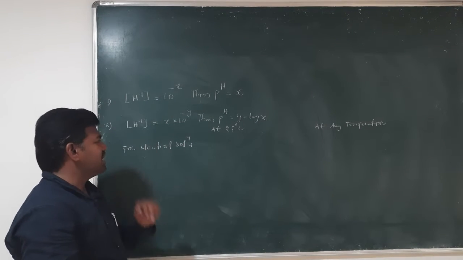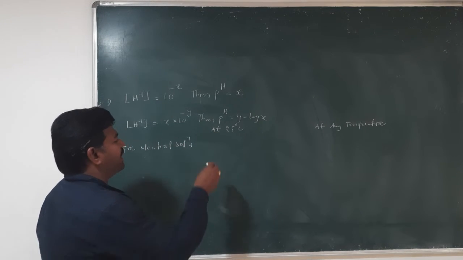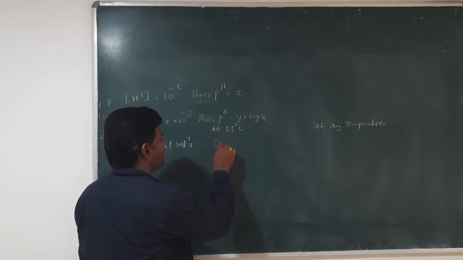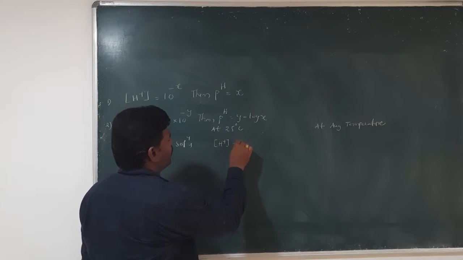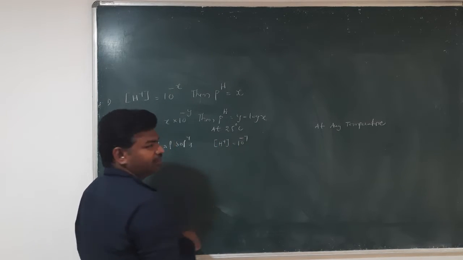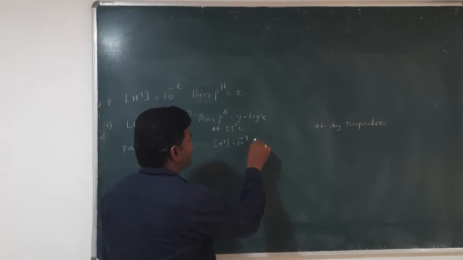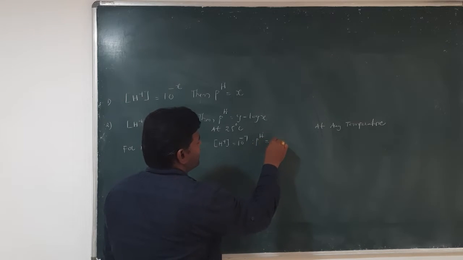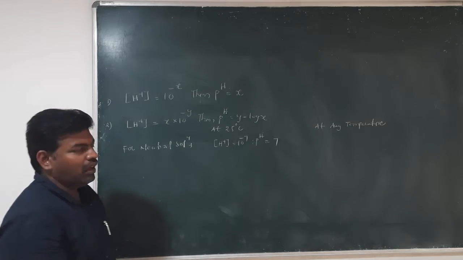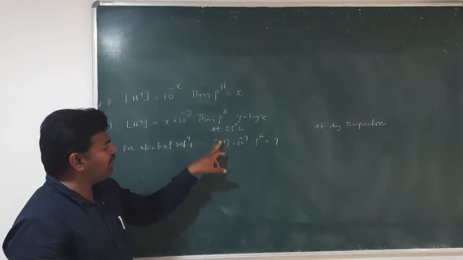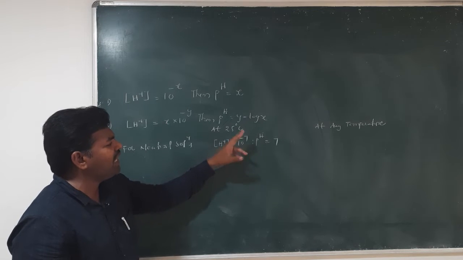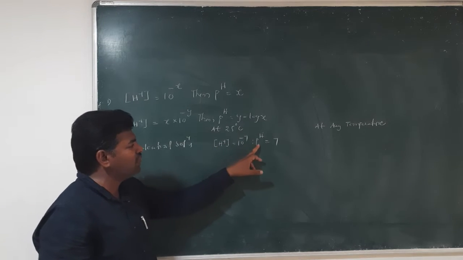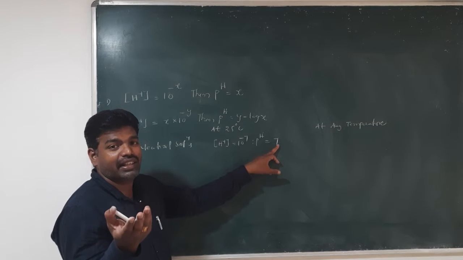For neutral solutions at 25 degree centigrade, the concentration of H plus ions is equal to 10 power minus 7 and the pH of the solution is 7. How would I know that?